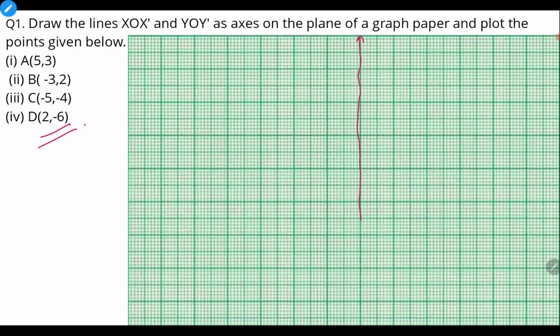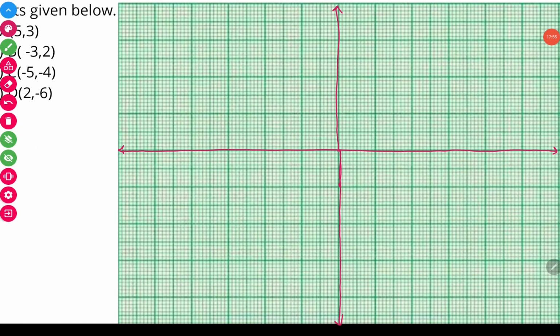We will start drawing. We have drawn the x-axis and y-axis. This is your O, this is x, this is x dash, this is y and y dash.